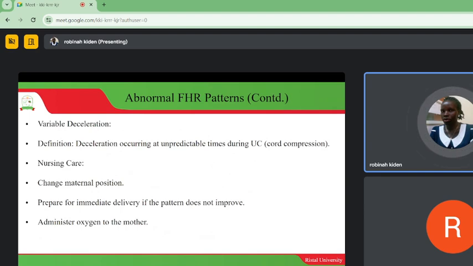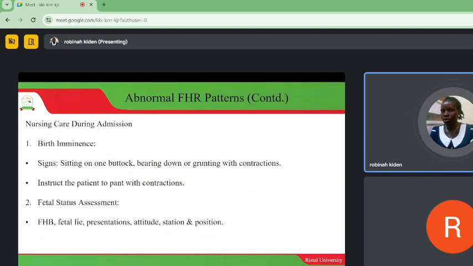That is the care that we provide to the mother with abnormal fetal heart rate patterns. We anticipate imminent birth. If she is in second stage and we are able to deliver, we can give an episiotomy and make sure we deliver the baby immediately. But we need to first determine the signs.